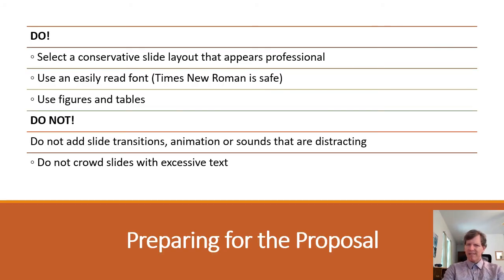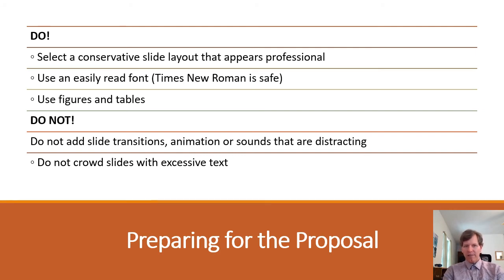Here are some basic do's and don'ts for your dissertation. Do select, when you give your dissertation proposal before the committee, a slide layout that is relatively conservative. Make it easy to read. Don't get too fancy. Don't pick out some sort of risky font that some people might have a hard time even reading. For instance, Times New Roman or something similar is very safe.